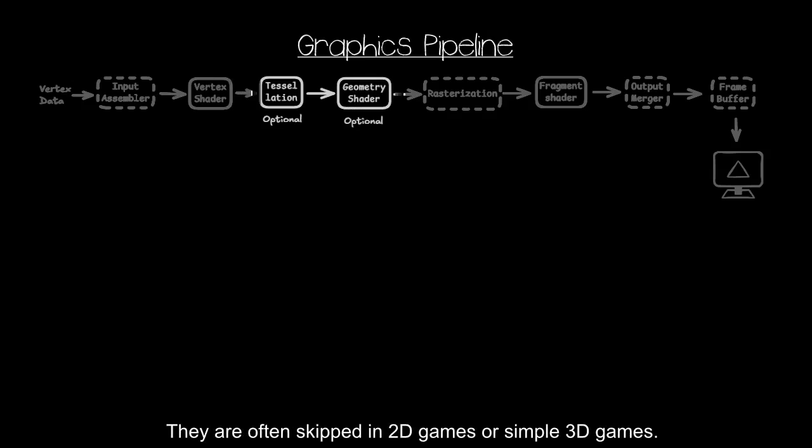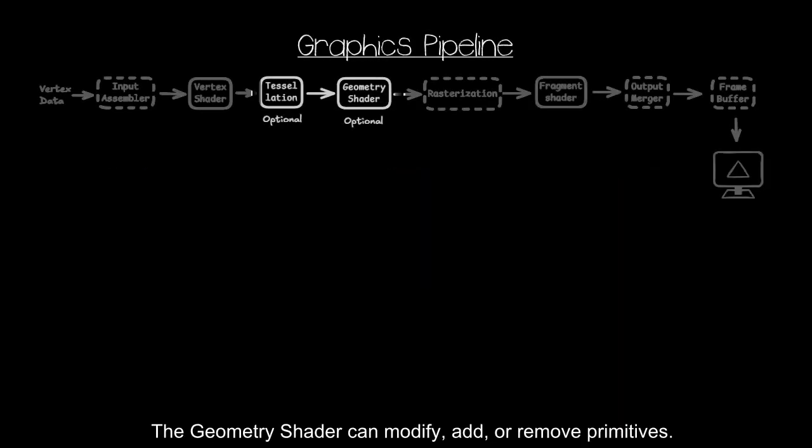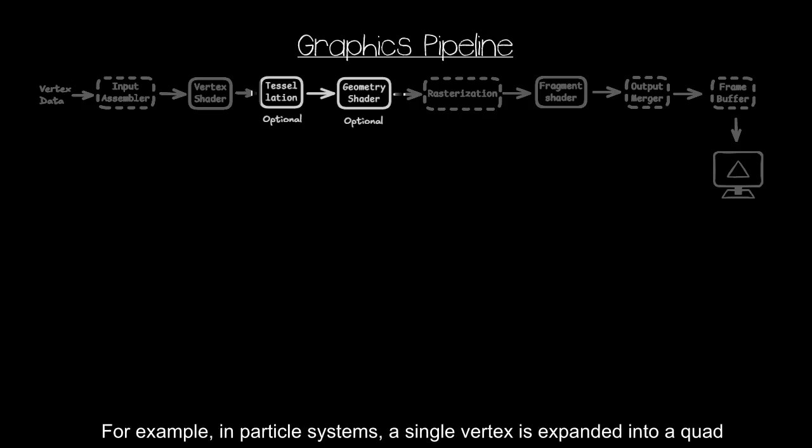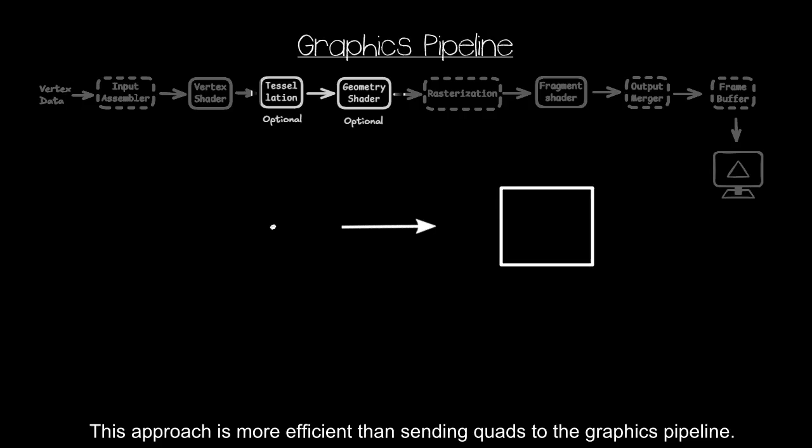They are often skipped in 2D games or simple 3D games. Tessellation subdivides primitives into smaller triangles, producing smoother or more detailed surfaces. The geometry shader can modify, add or remove primitives. For example, in particle systems, a single vertex is expanded into a quad. Since a single vertex isn't visible, this approach is more efficient than sending quads to the graphics pipeline.